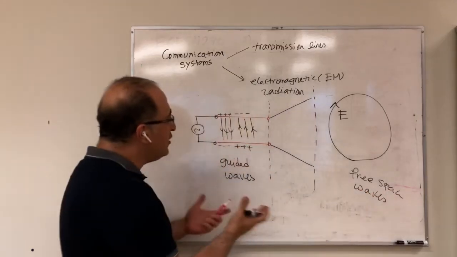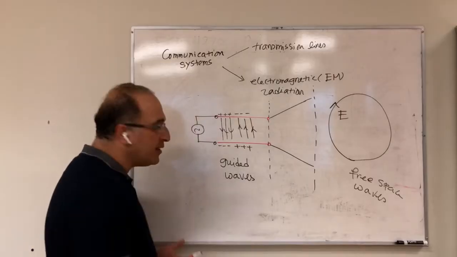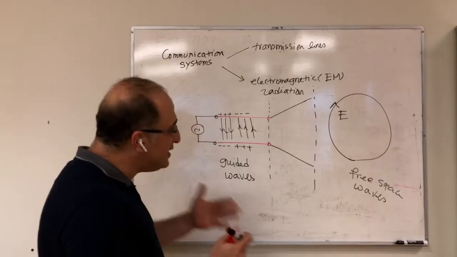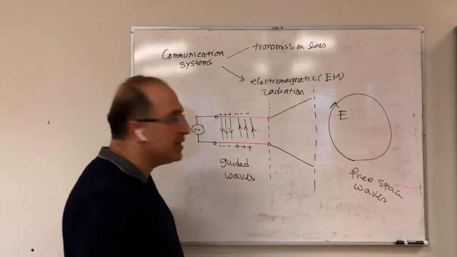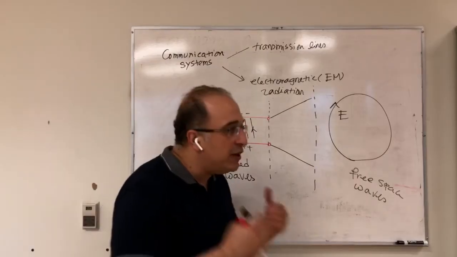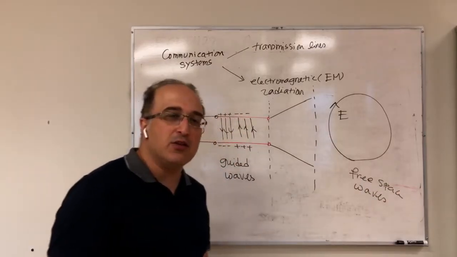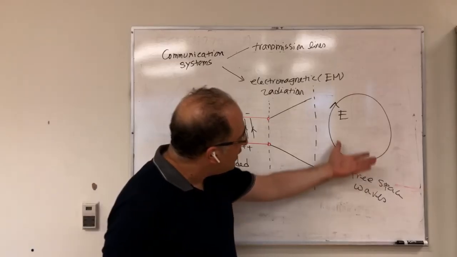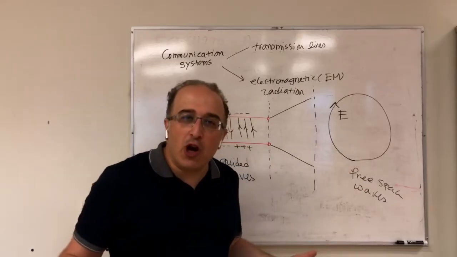And immediately you see here that these guided waves need these charges. These charges are maintaining these electric fields. But when you launch this radiation into free space, you don't have those charges to maintain them.